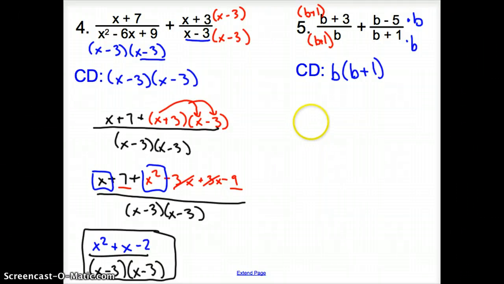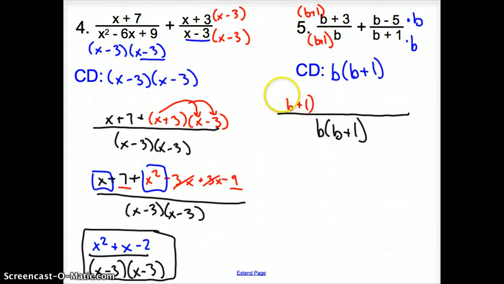So my common denominator is b times b plus 1. Now I'm going to write everything out here. We need to multiply these two together. So it is b plus 1 times b plus 3, and then plus b minus 5 times b.